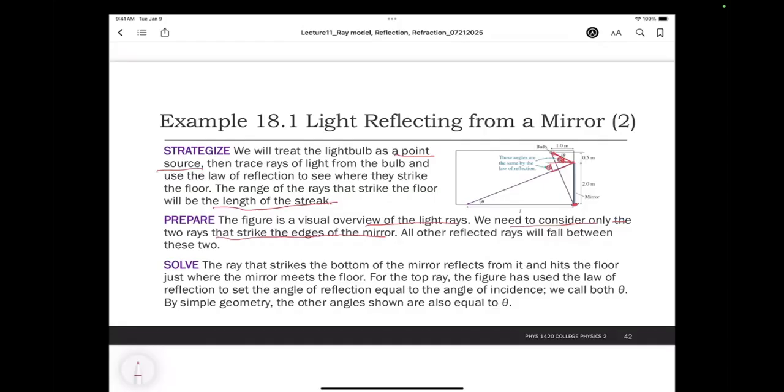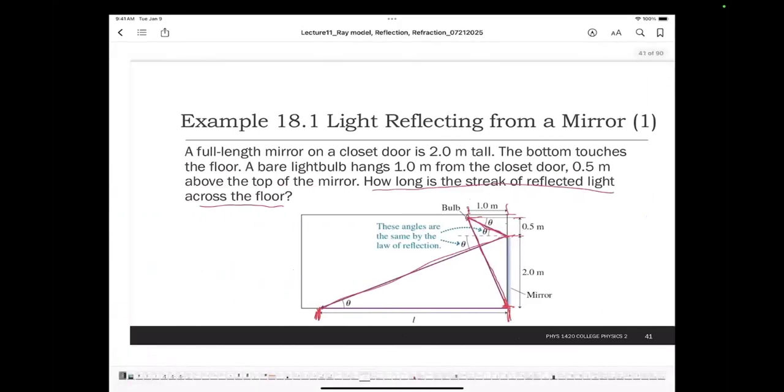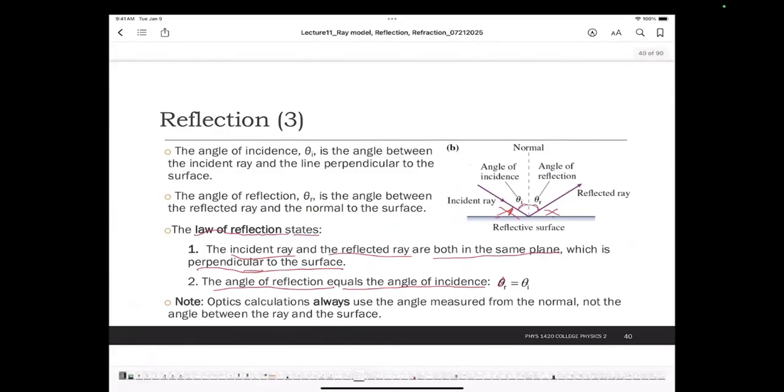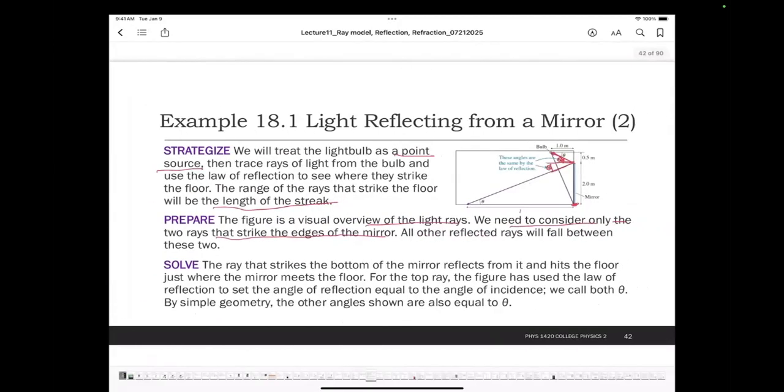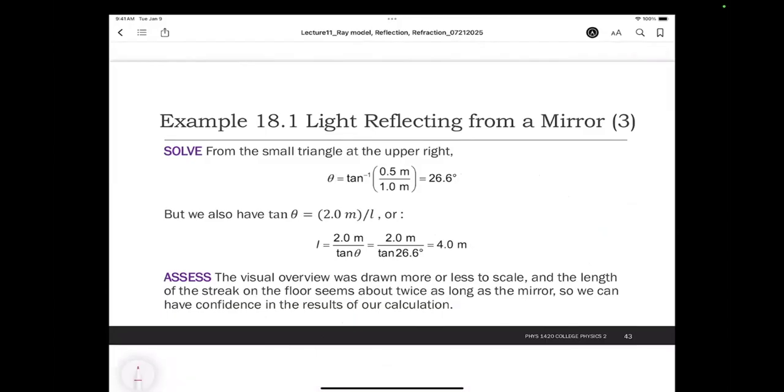By simple geometry, the other angles shown are also equal to theta. We have already talked about theta r equals theta i. That makes sense to you? Okay, let's solve.